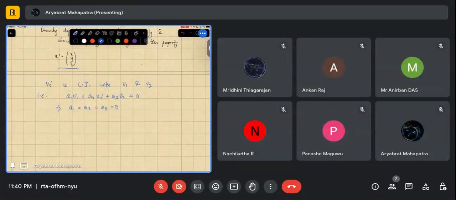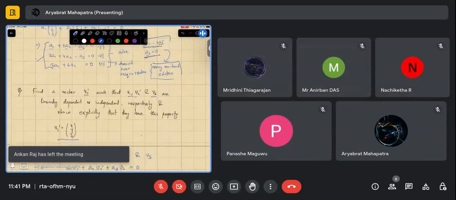So you will get the first equation, something like a1 plus x a2 plus a3, and the second equation a1 plus a2.